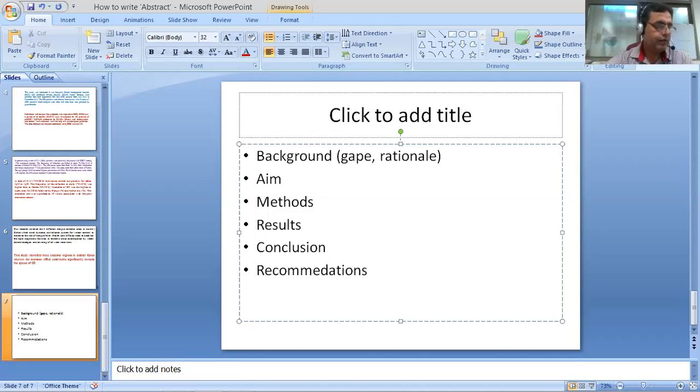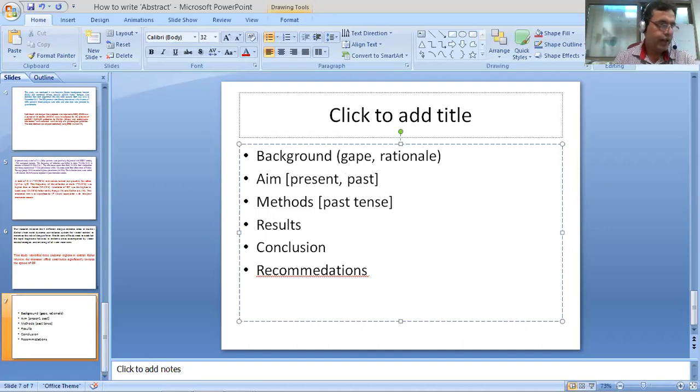And what different tenses you can use for stating all these things is, I told you about aim. You can use the present tense, or you can use the past tense for this particular section. Okay, and you don't have to use future tense for aim. If you are stating the methods, the methods should be past tense always, because you have already done this particular work.